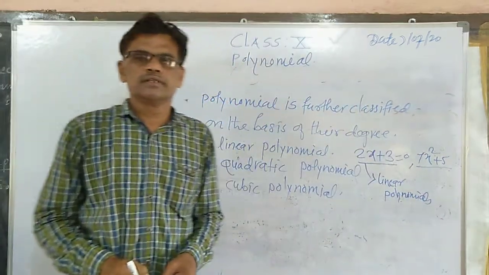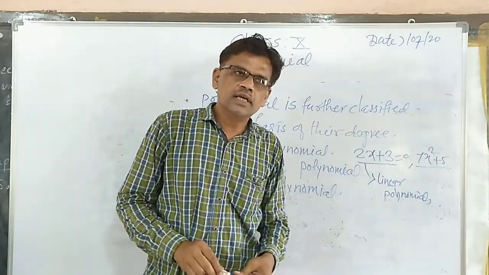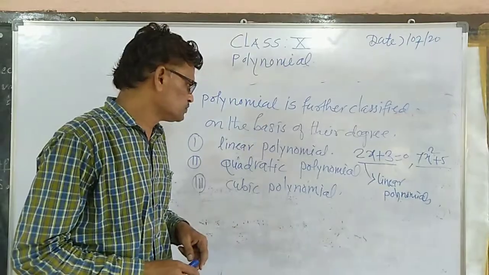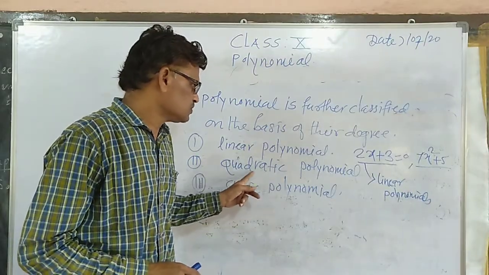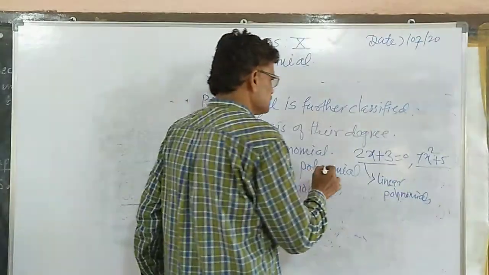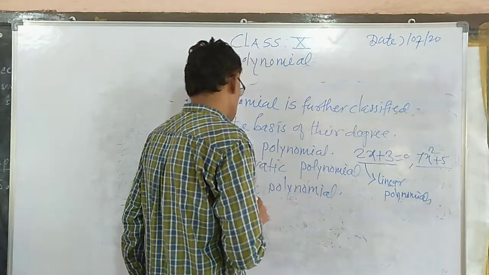And in this case, the degree of that polynomial is 2. Therefore, this polynomial is called a quadratic polynomial.